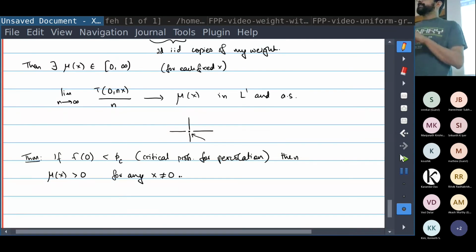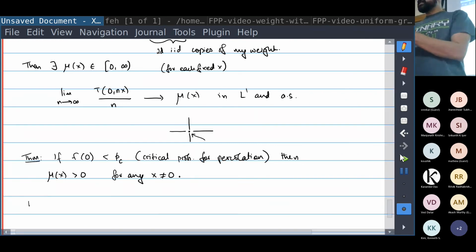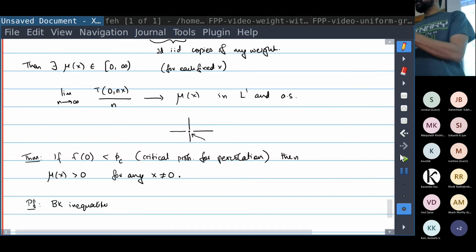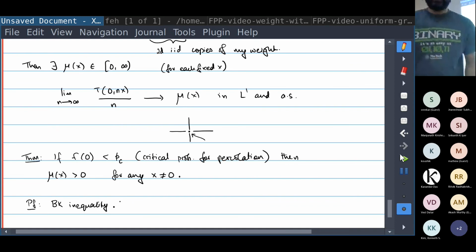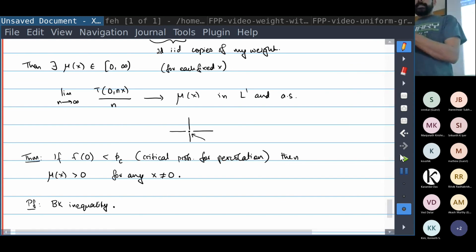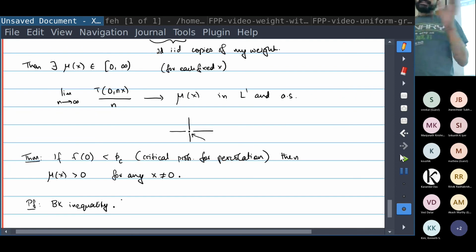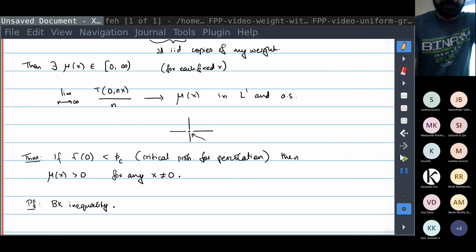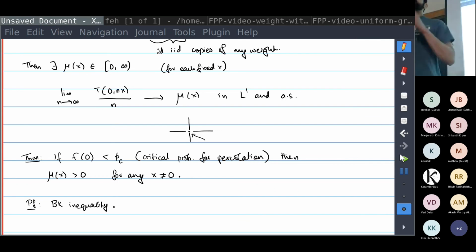So here I had said that it could be in 0, infinity, and now this says that it's in fact some positive number, and so my problem is non-trivial. This proof is quite beautiful, and it uses something called the BK inequality, named for van den Berg and Kesten, and the fact that in subcritical percolation the expected cluster size is finite, but I won't harp on that. Now this is edge percolation, bond percolation. Yes.